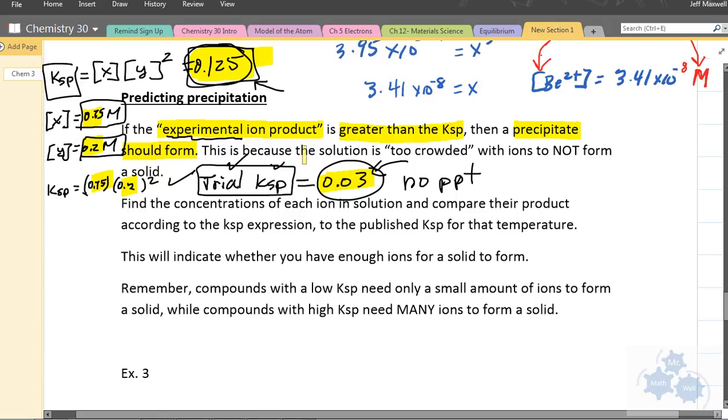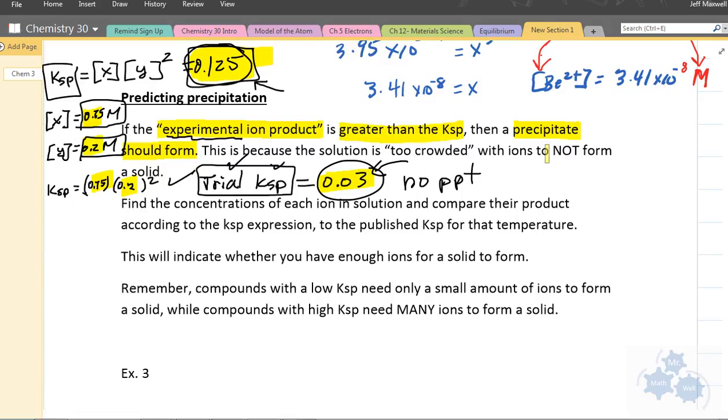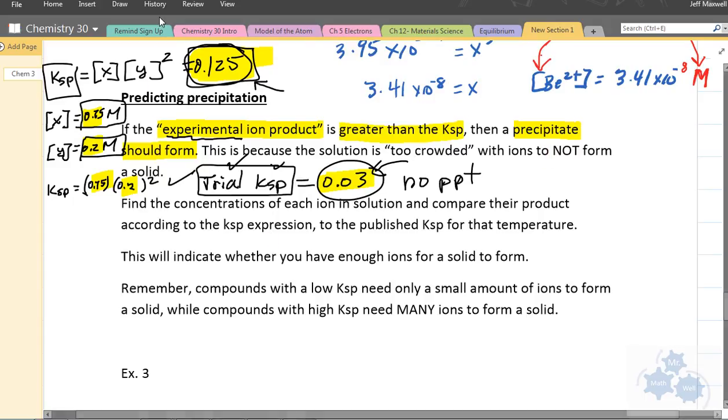And again, think about this. It's because the solution is too crowded, right? There's so many ions in there that they can't help but bump into each other. All right? So how do we do this? Again, here is the explanation in the notes of the example we just did. You find the concentrations of each ion.